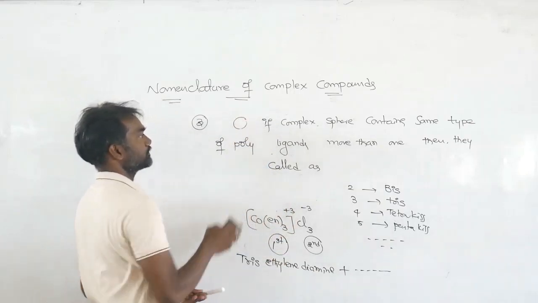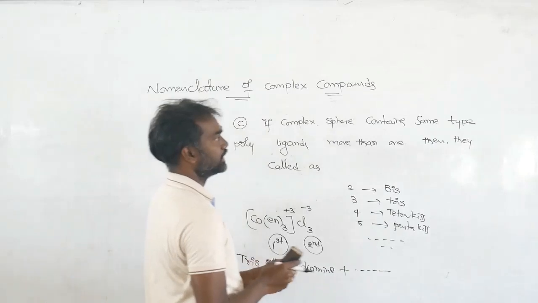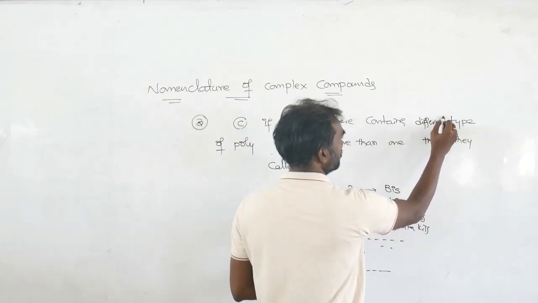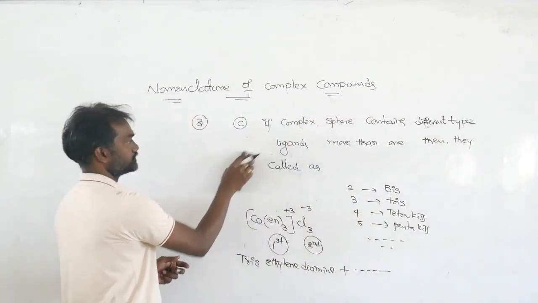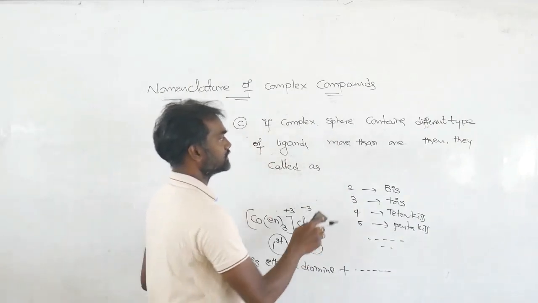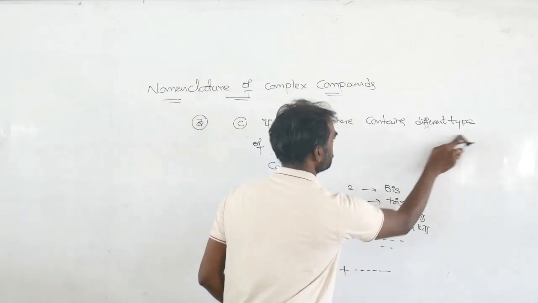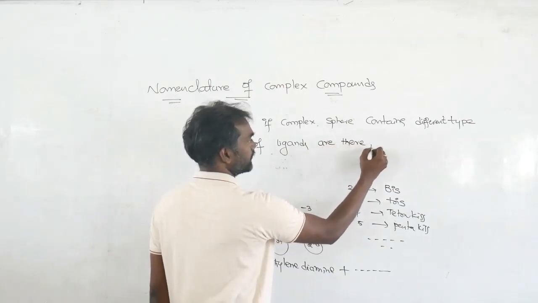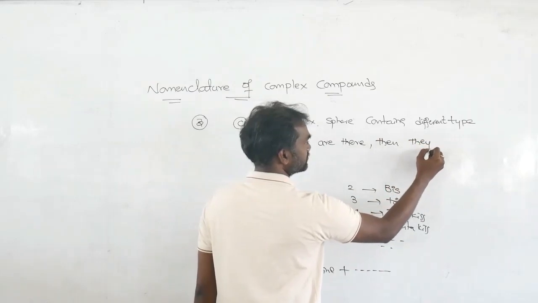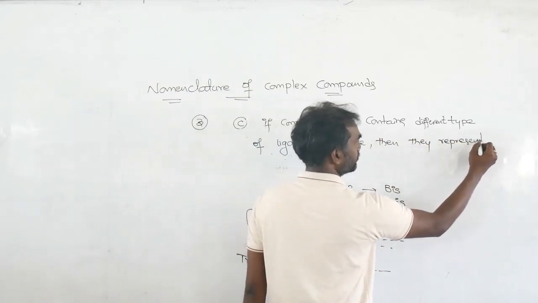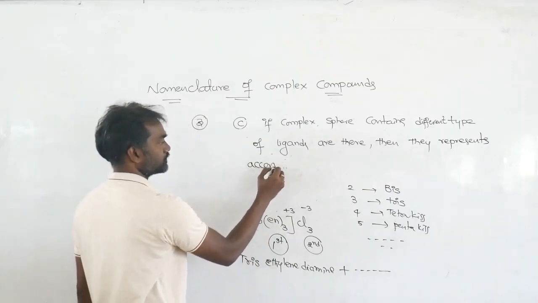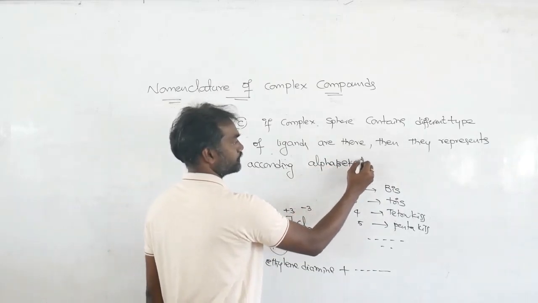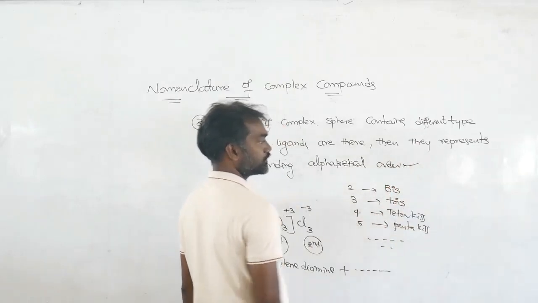Third one: if the complex sphere contains different types of ligands, then they are represented according to alphabetical order.